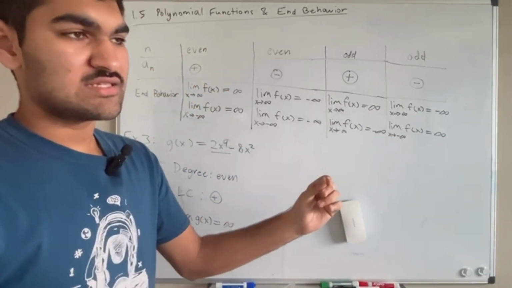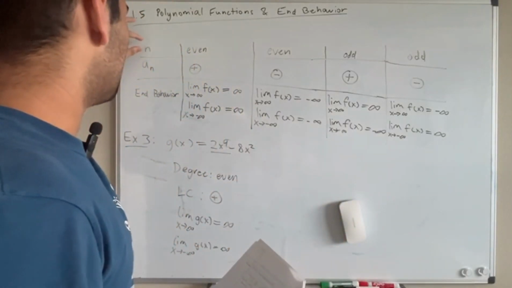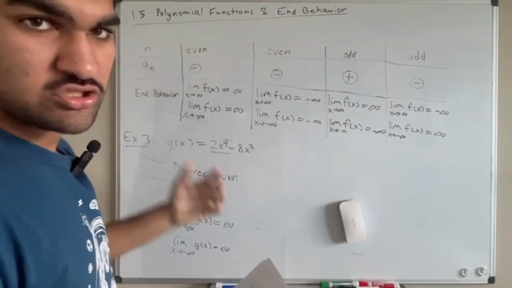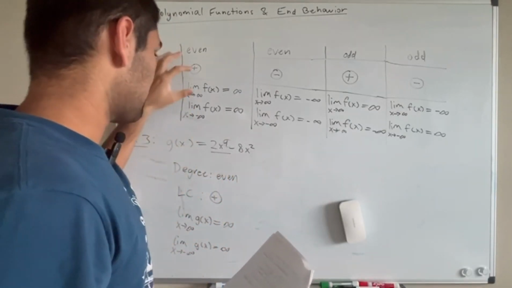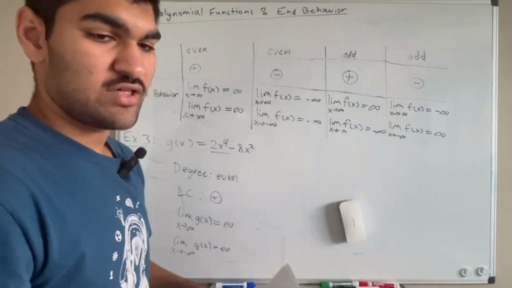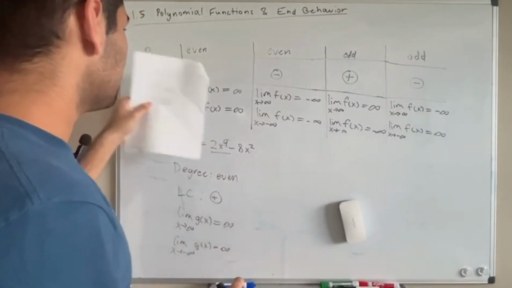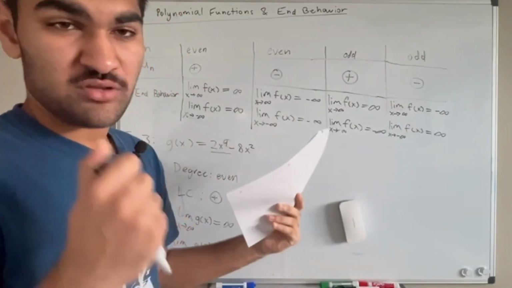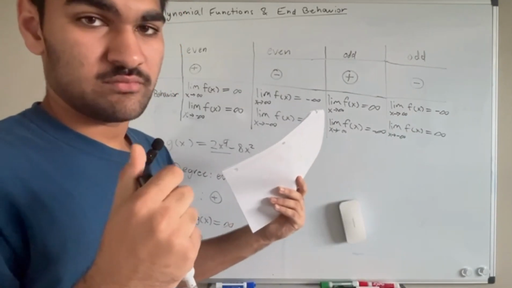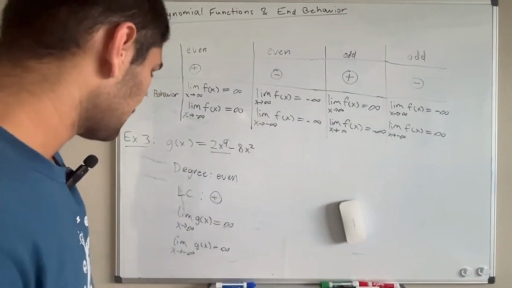So if you just have one example that you can always refer to in your mind that satisfies the degree and leading coefficient constraints, then you're good to go, because any polynomial that satisfies those constraints will have the same end behavior. And so that's why I recommend using x squared and negative x squared for the even degrees, and then x cubed and negative x cubed for the odd degrees. Those are the most easily visualizable functions, in my opinion.